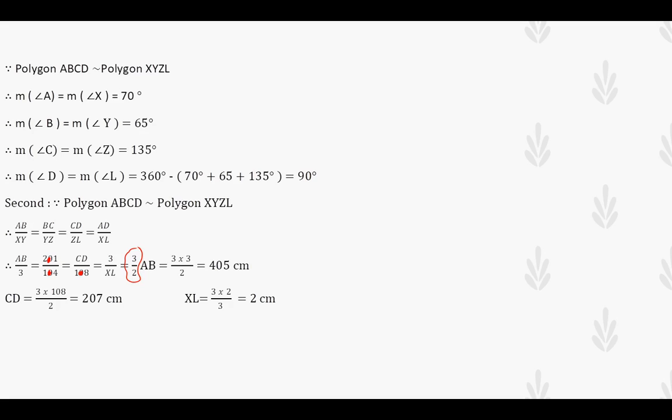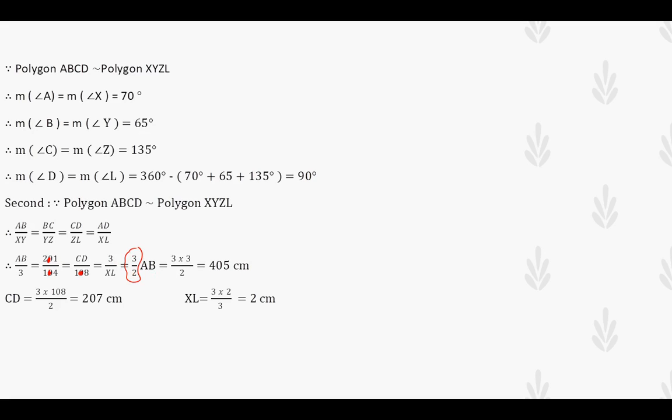By cross multiplication. To find the length of AB, it equals 3 multiplied by 3 over 2, the scale factor of similarity. To find CD, it equals 1.8 times 3 over 2. And what about XL? XL will be 3 multiplied by 2 over 3.